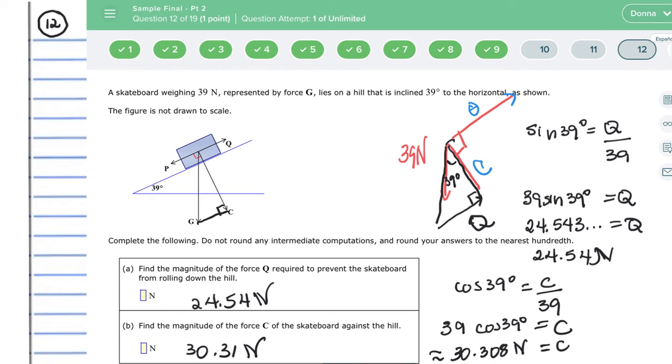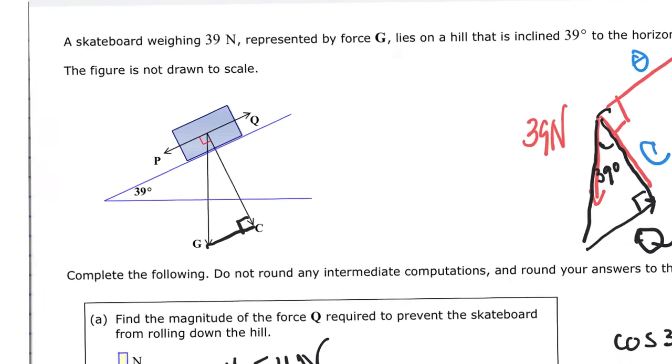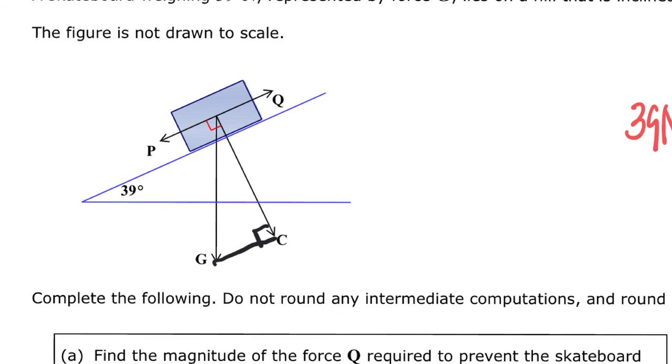So let's go out and talk about why it is that 39 degrees is the same angle here of 39 degrees. So I'm going to make this a little bigger so we can see. So I'm going to label these angles. I'm going to call this angle here alpha. And I'm going to draw my right angle here.